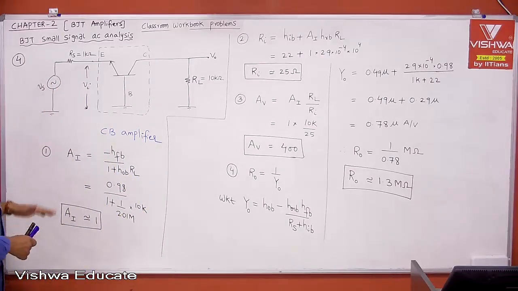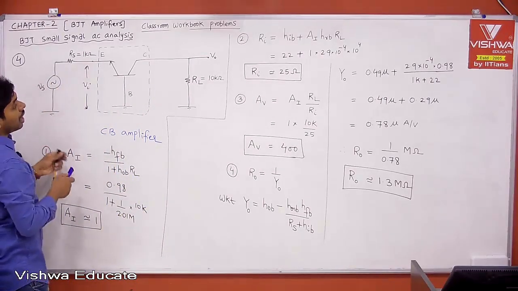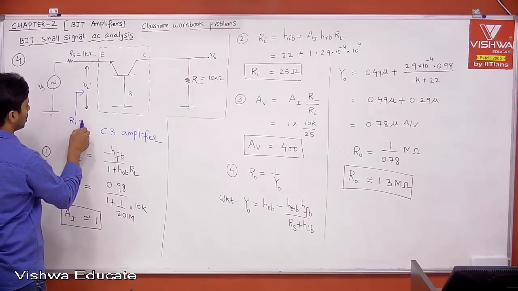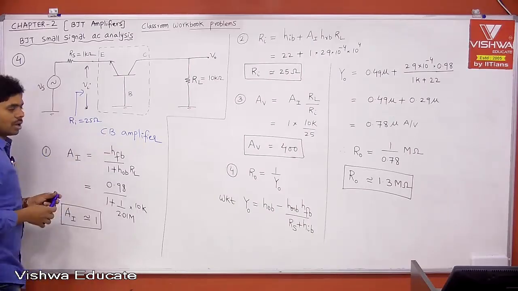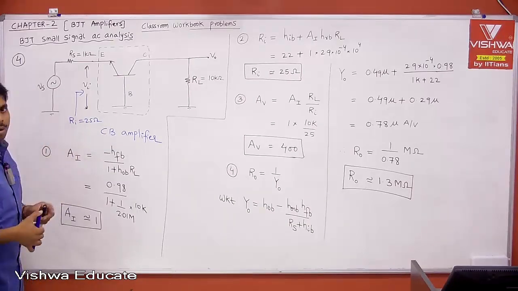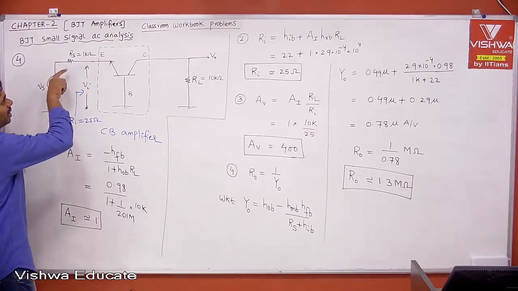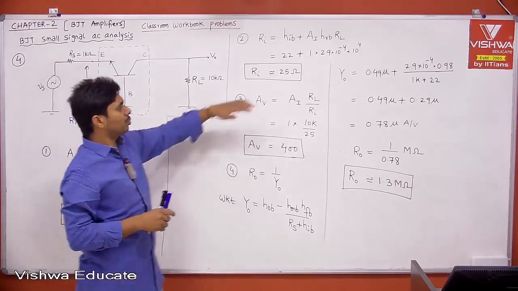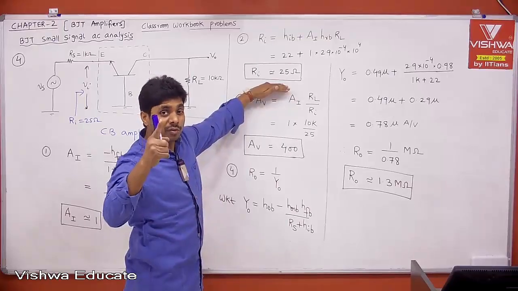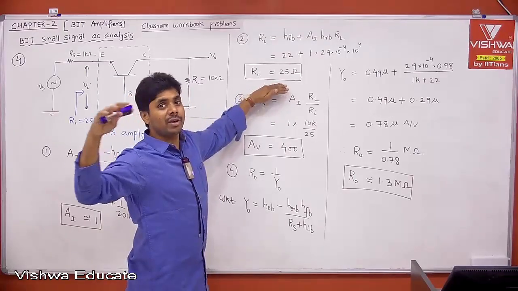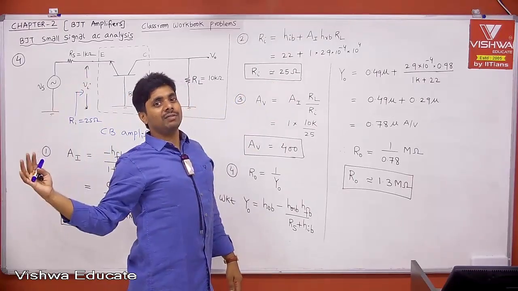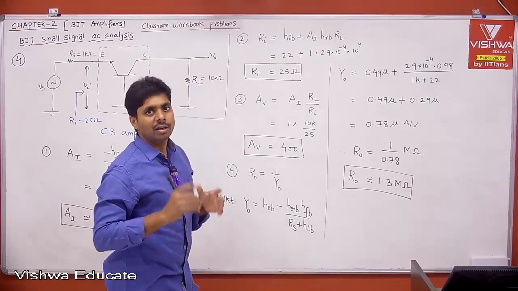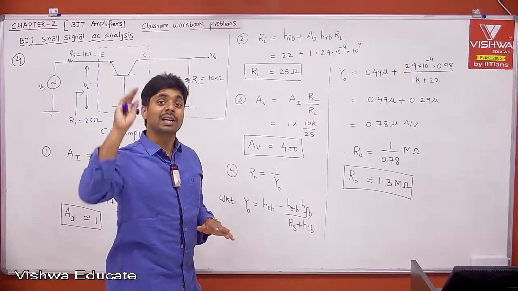Therefore, with respect to 1 kilo ohm, RI is equal to 25 ohm, which is very low. Indirectly it is providing the shortest resistance. Therefore, the input impedance is very low, suitable for current input, because when you excite with a current source, the entire current will be entering your amplifier because it has low input impedance. It has very good input impedance matching for current input.